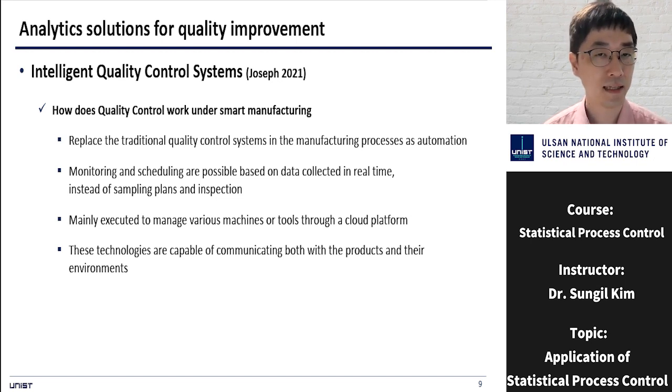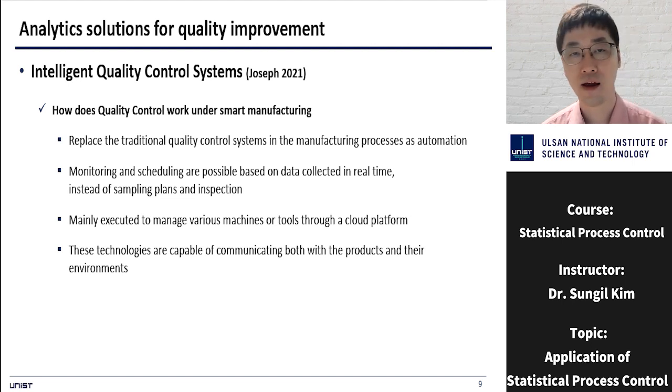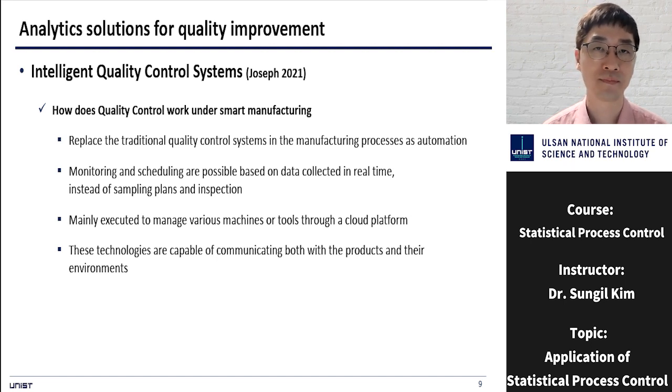The new SPC, referred to as smart quality control by the authors, is mainly executed to physically manage various smart machines or tools through a cloud-enabled platform. These technologies are capable of communicating both with the product and their environment.